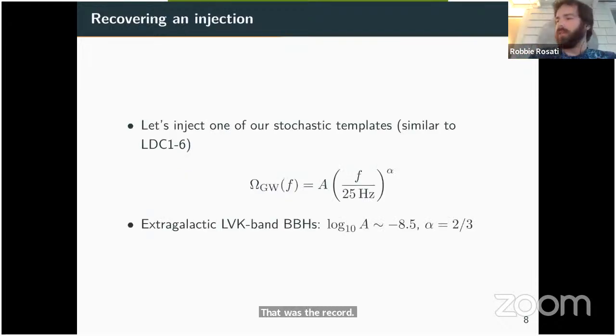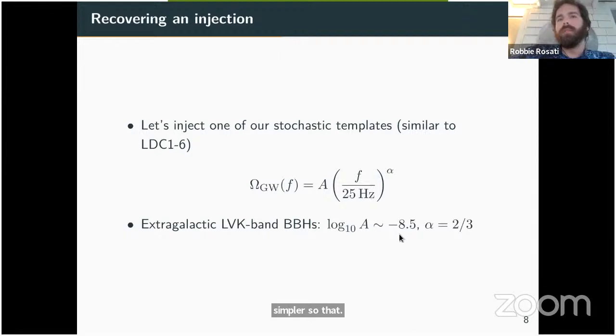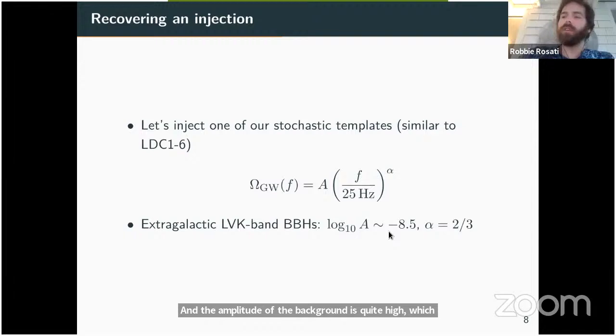Okay, so let's try out. One of the first things we tried was pretty similar to this Radler data challenge, which has a simulation of the extragalactic background in it. We're generating our own data in this case, and it's similar to that. The amplitude of the background is quite high, which I think current expectations are that it's a bit lower than this.